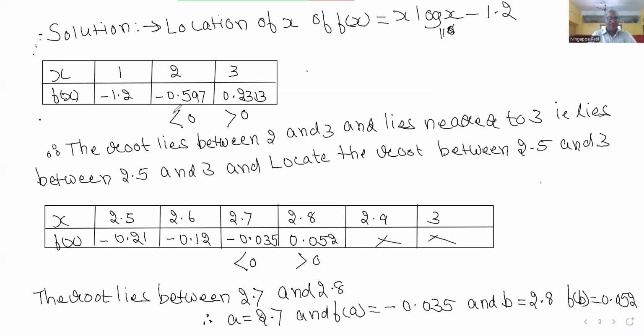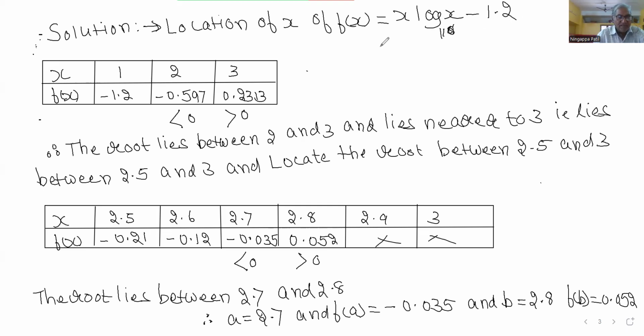Now, my dear students, I am writing the final answer required for the examiner. Solution: location of the root of f(x) equal to x log x to the base 10 minus 1.2.